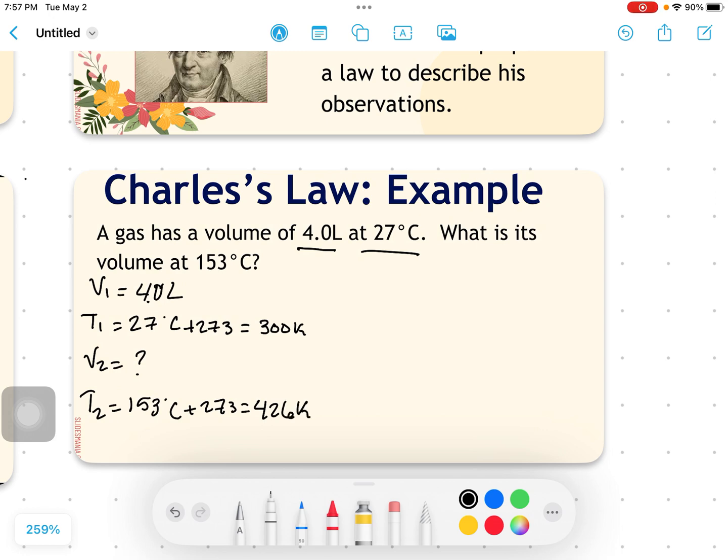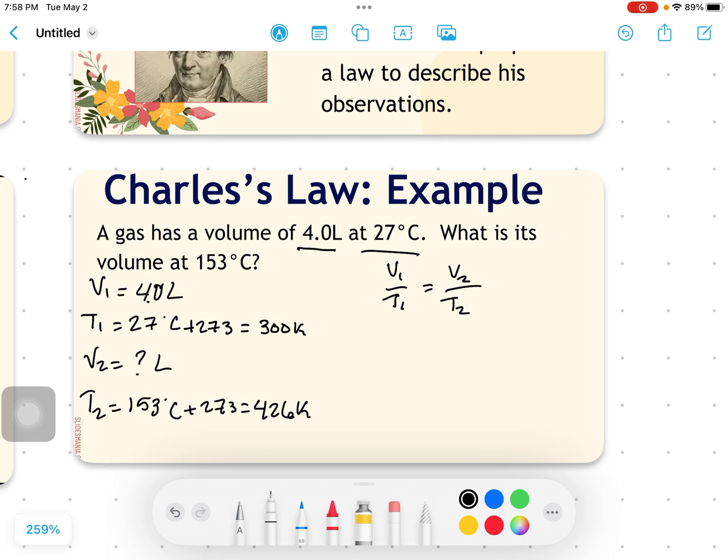Okay, I'm going to check my volume real quick. So my first volume is in liters. That means my volume 2 will have a final answer in liters. Okay, now I have everything. I only have one variable that's missing. I can plug it in. So my equation again is V1 divided by T1 equals V2 divided by T2.